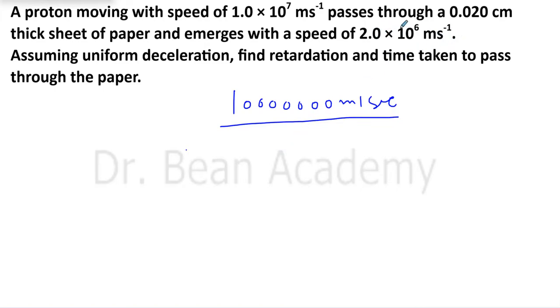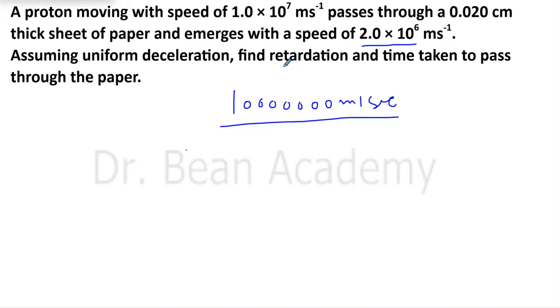And it passes through a very thin sheet of paper which is just 0.02 centimeter, and then it emerges from the other side with a speed of 2 × 10^6. So it means its velocity is decreased after passing through that sheet of paper.